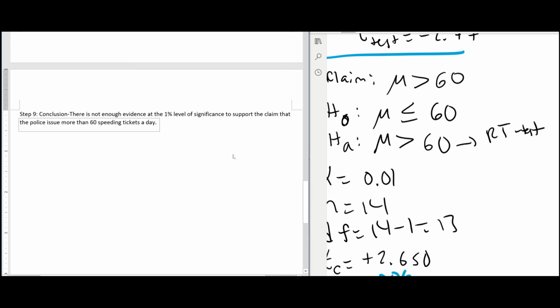So this does not mean that they don't issue more than 60 speeding tickets a day. This just means that we don't have enough evidence to actually support that claim.